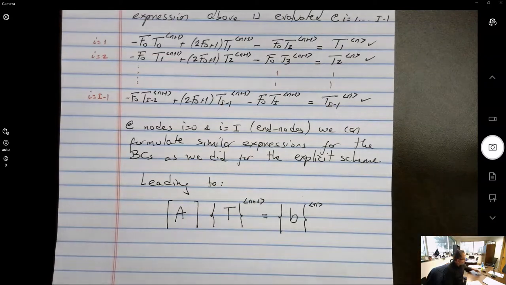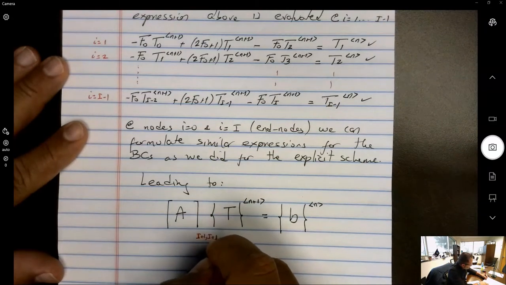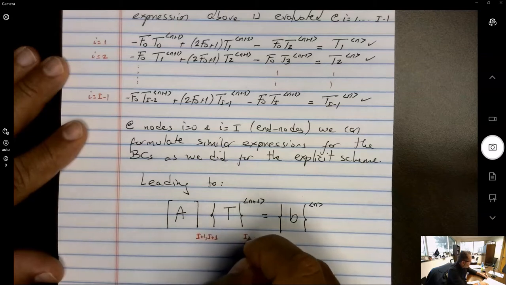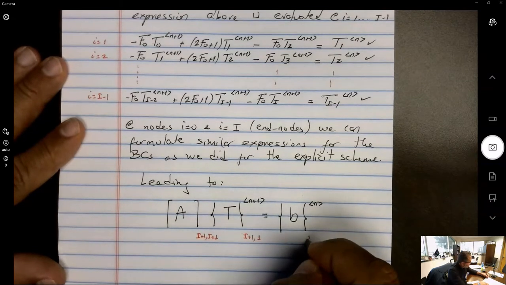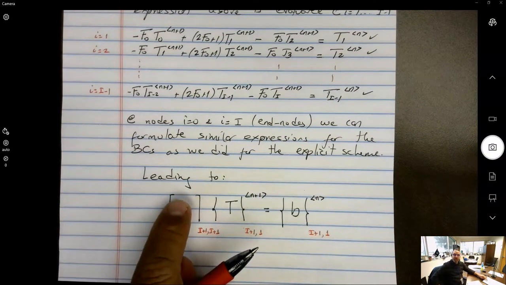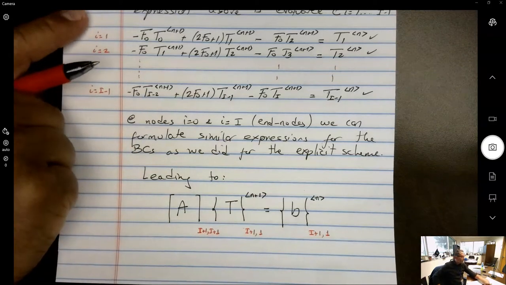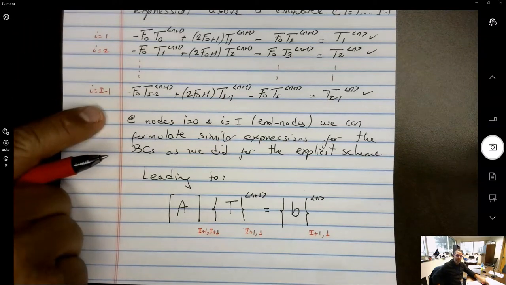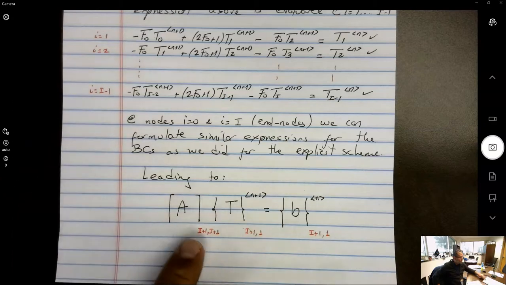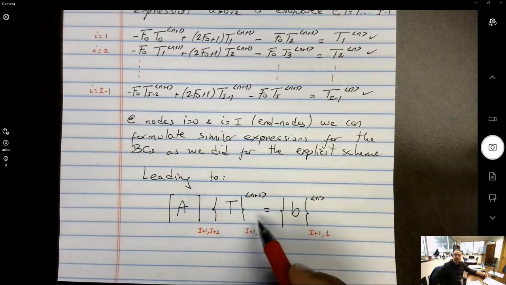So the size of the system is I plus 1 by I plus 1. The size of this vector is I plus 1 by 1, and the size of this vector is I plus 1 by 1. So this is a square system of equations. There are I minus 1 equations here, but then you have an additional equation for the first boundary condition and an additional equation for the last boundary condition. So you have I plus 1 equations with I plus 1 unknowns, which are the temperatures at all the I plus 1 nodes.